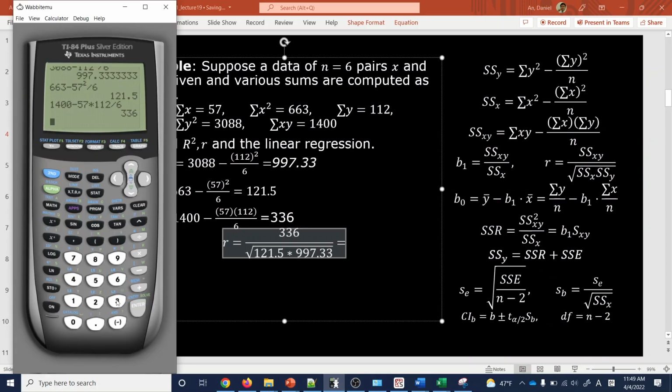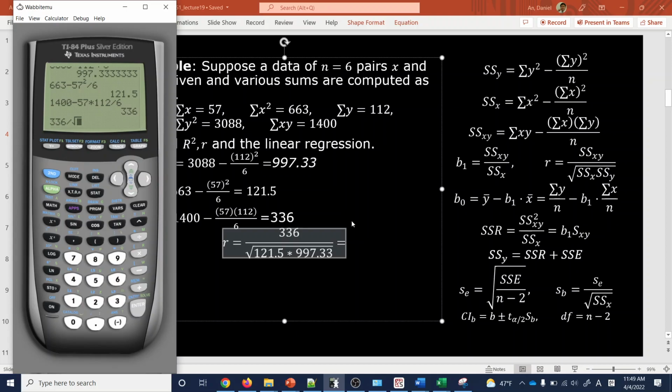In a question, we'll be given data, n equals 6 pairs of x and y. You'll be given these summations, and the purpose of this is to see if you know how these values r, B1 and B0 are calculated.